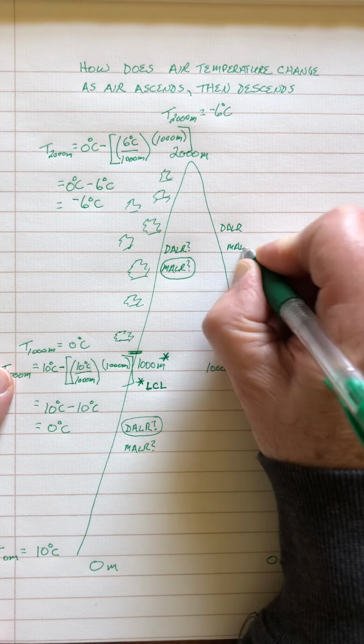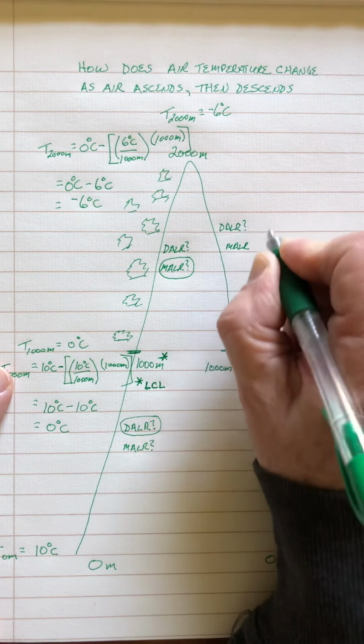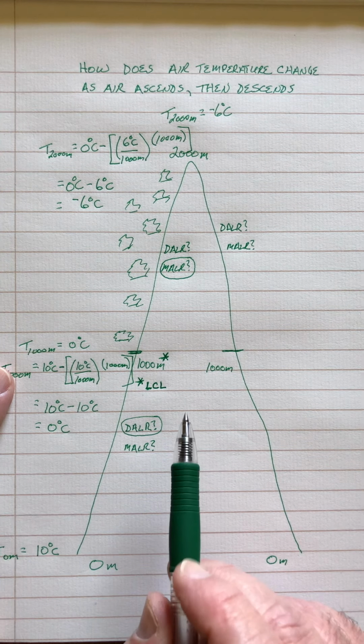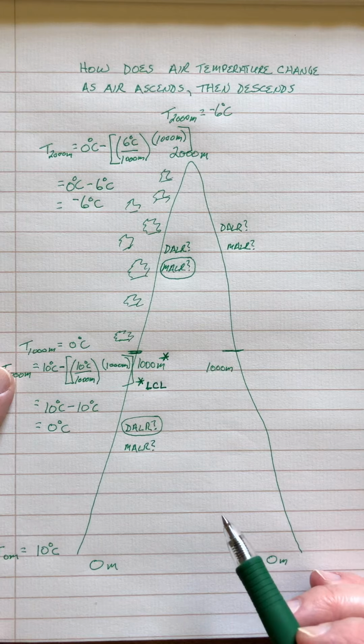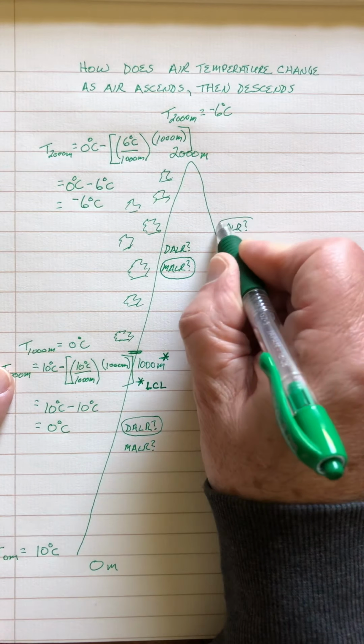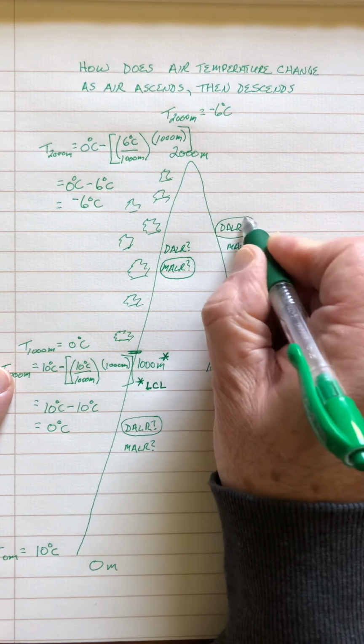And so we have to ask ourselves, is this air going to warm at the dry adiabatic lapse rate or the moist adiabatic lapse rate? Well, if you remember earlier in this chapter, I said whenever air is descending, there's no decision to make. Descending air always warms at the dry adiabatic lapse rate.